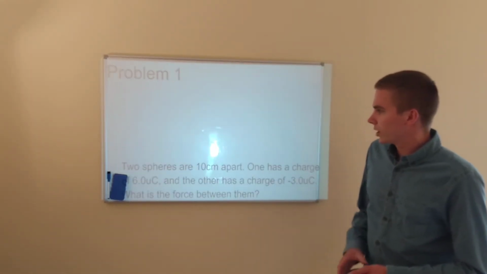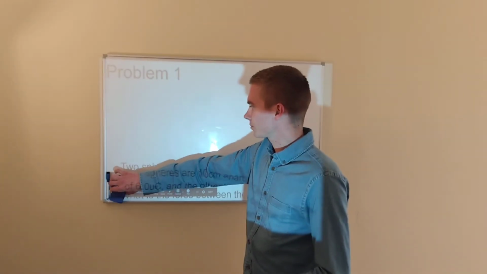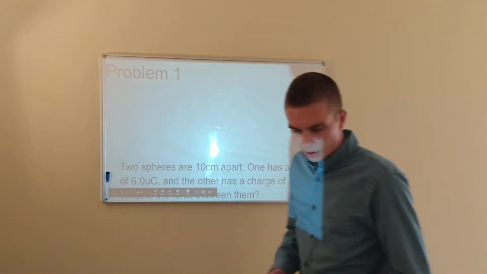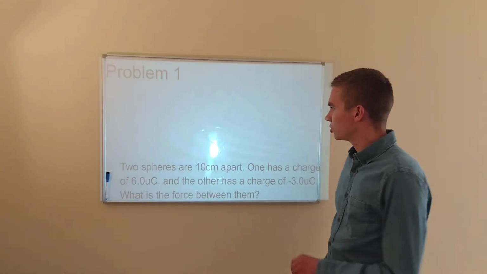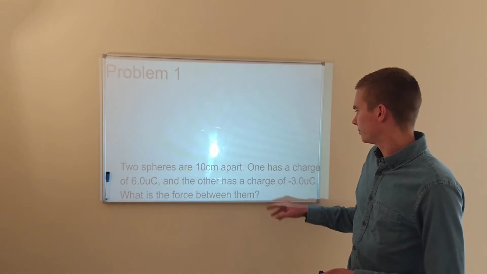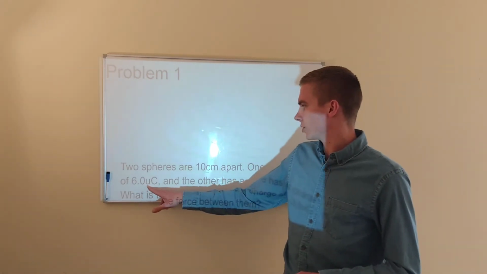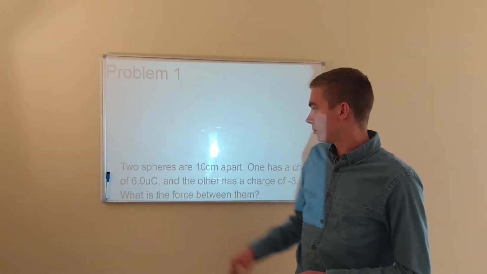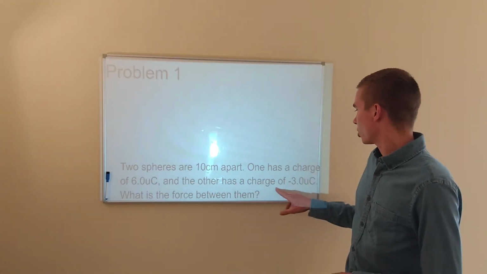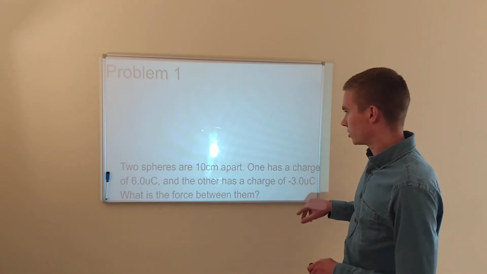In our first problem, I'm doing something a little different with our problems here. We have two spheres that are 10 centimeters apart. One has a charge of 6.0 microcoulombs, and the other has a charge of -3 microcoulombs.